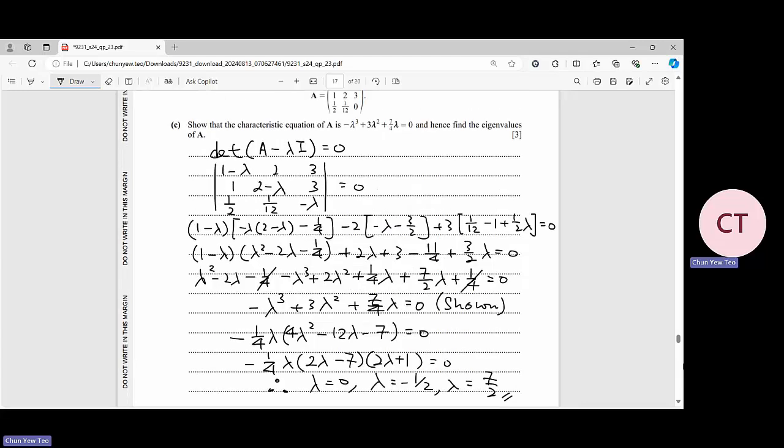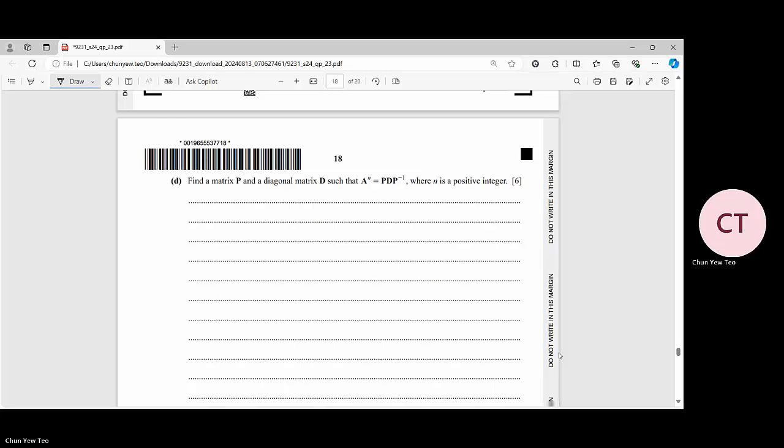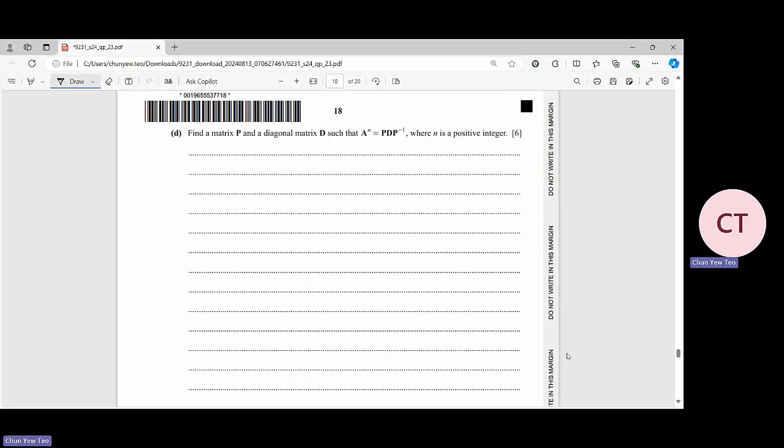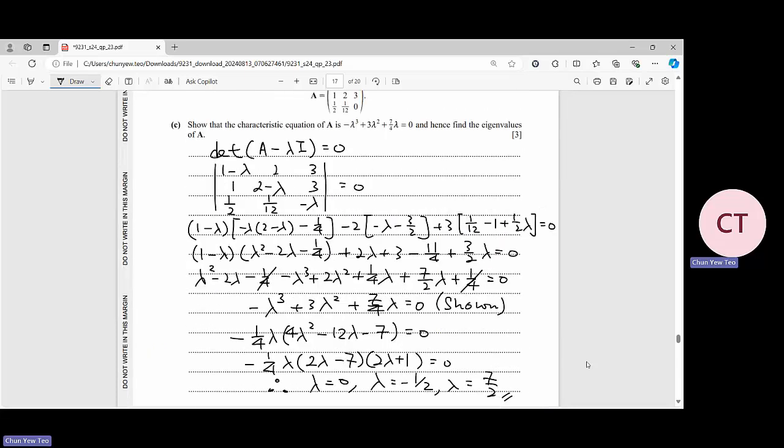Done. Okay, for part C. Now we want to go for B. We want to find the matrix P and the diagonal matrix D such that it follows the relationship A power n equal to P D P inverse. So to find P, we need to find the eigenvectors. When lambda equal to 0, just replace lambda with 0 inside.